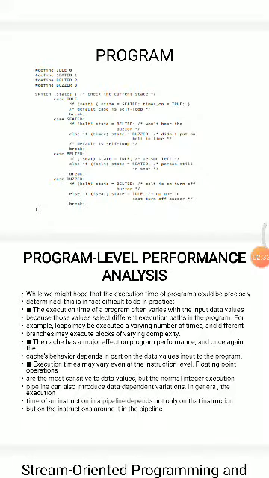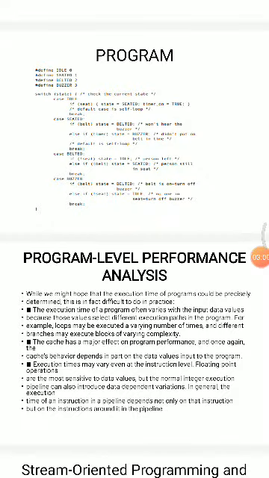The cache has a major effect on program performance, and cache behavior depends on the data values input to the program, so execution times may vary even at the instruction level. Floating point operations are the most sensitive to the data values, but the normal integer execution pipeline can also introduce data dependent variations.